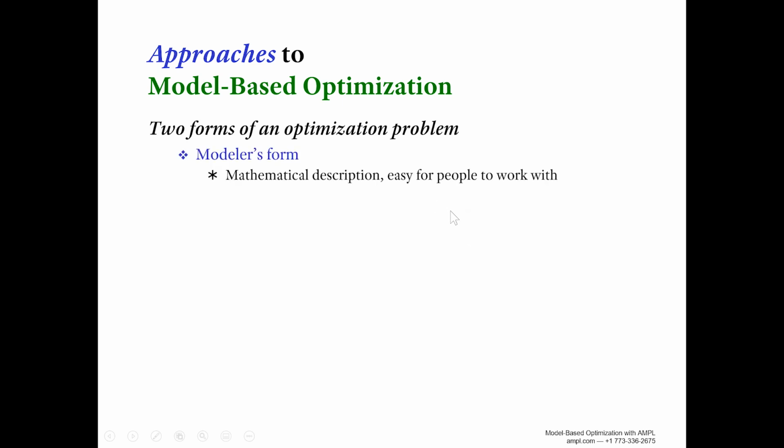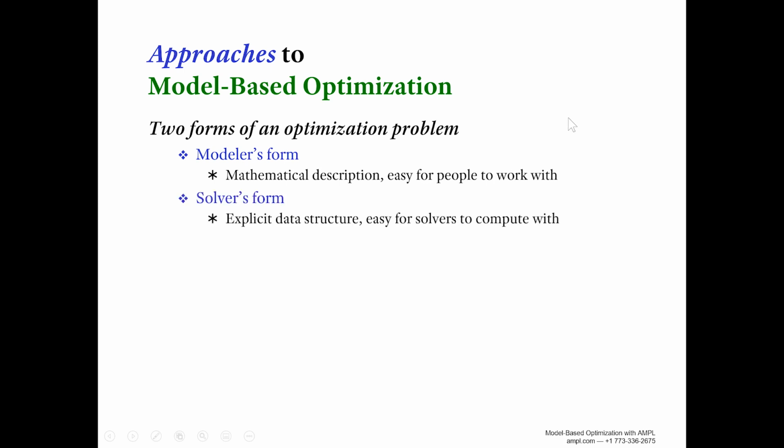Model-based optimization has a lot of attraction in many cases. And so now the question is, what are the approaches to model-based optimization, given you want to do it that way? In order to explain that, I have to say that there are two forms of an optimization problem, and this is really what makes it more complicated than it would otherwise be. There's the modeler's form, which is the mathematical description that's easy for people to work with, and that's the description I presented.